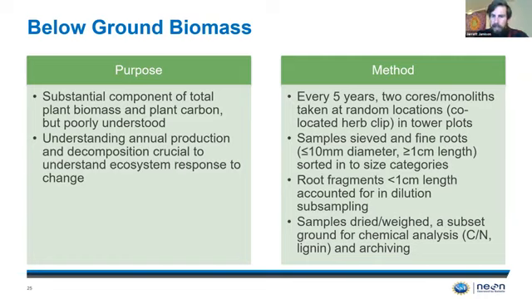Root fragments less than 1 centimeter in length are accounted for in our dilution sampling, or subsampling, method. Our samples are then dried and weighed, and a subset are ground for chemical analysis: carbon, nitrogen, lignin, isotope ratios, as well as archive samples.